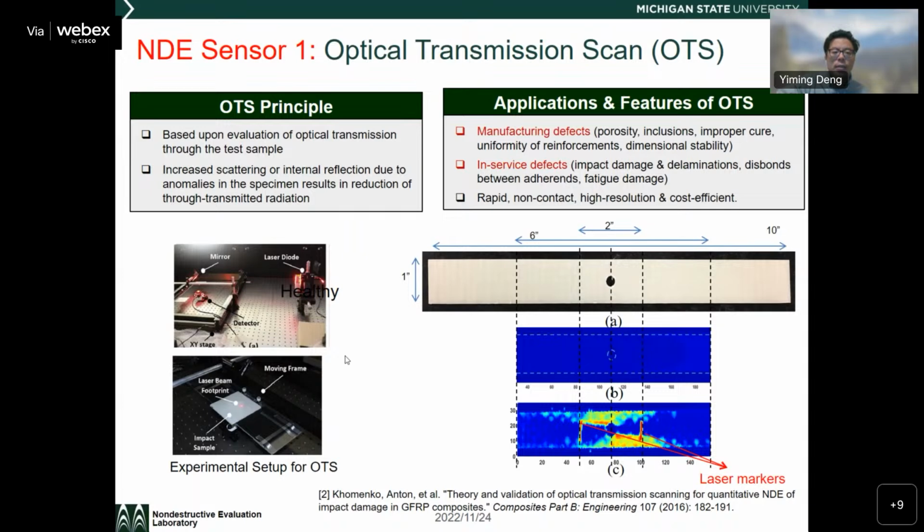In this case, you can use this ballistic measurement to evaluate the damage, and you can see those subsurface details. The theory of this OTS can be found in a paper we published in 2016 in Composites Part B. This technique is sensitive to manufacturing defects and also in-service defects, and it gives you a rapid, non-contact, high-resolution and low-cost measurement.